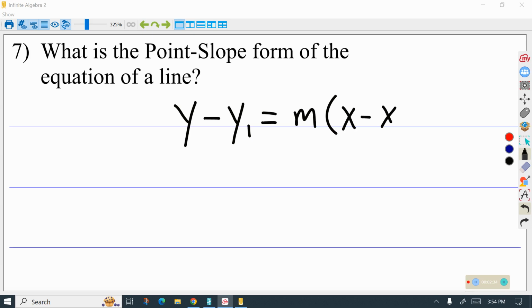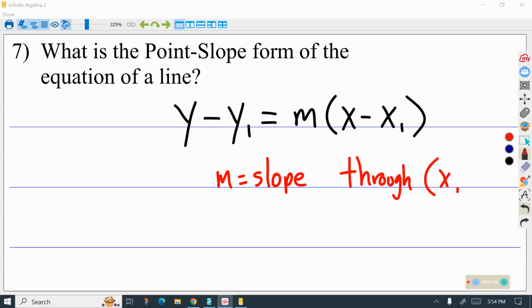This one comes with a little extra sentence that you always have to say: that m is the slope, and that we're passing through a point, and this would go through the point with coordinates x1 and y1.